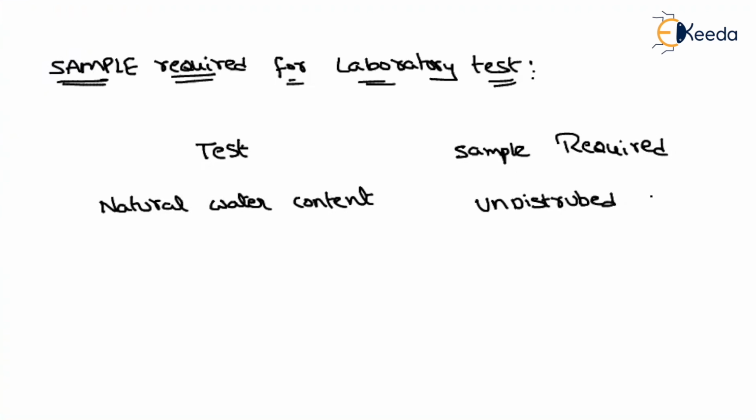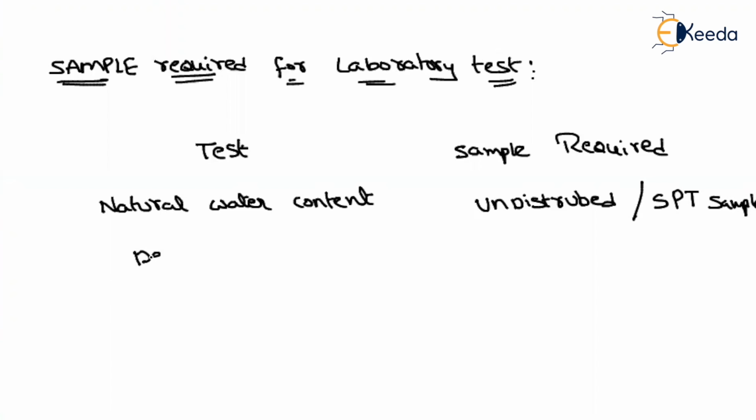We can go for undisturbed samples or the standard penetration test sample. Why? If it is disturbed, your structure will change. If your structure changes, the void ratio will change, which means the water content will also possibly change. So for natural water content, we have to go for the undisturbed samples.